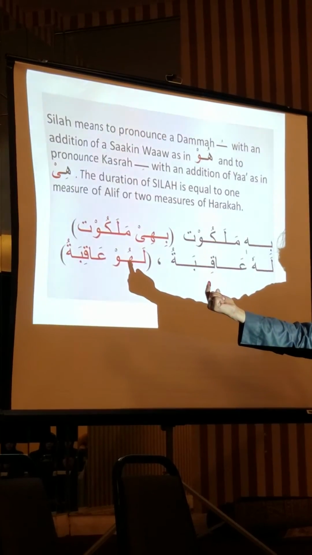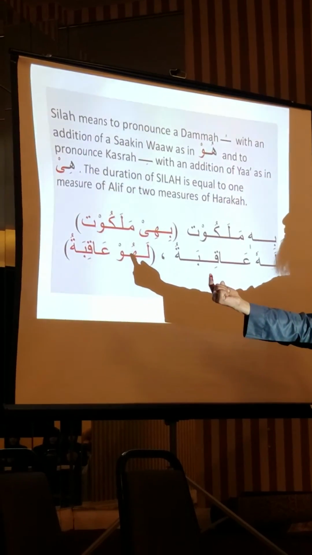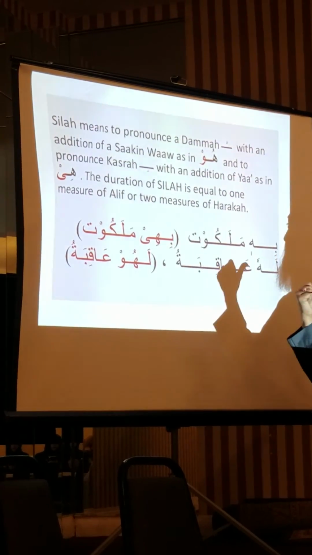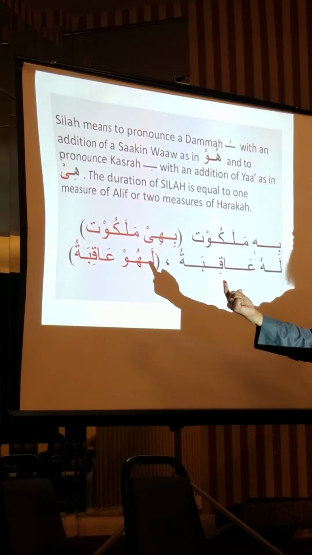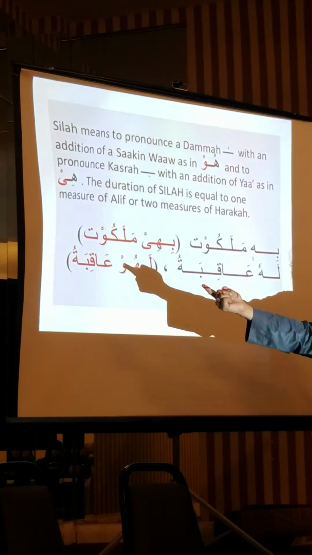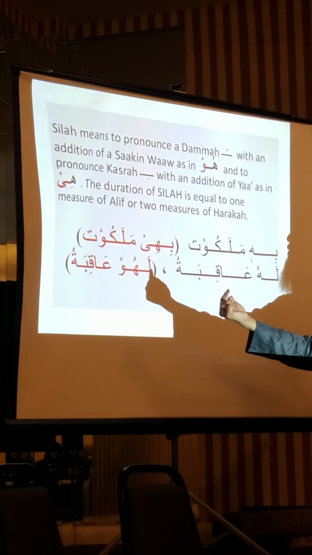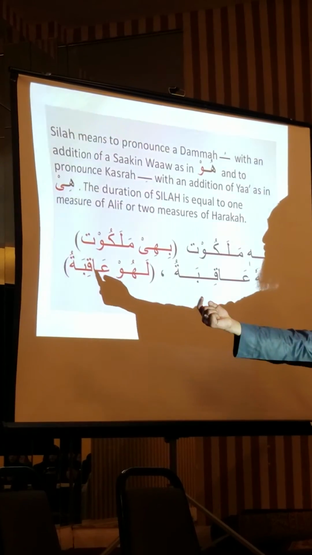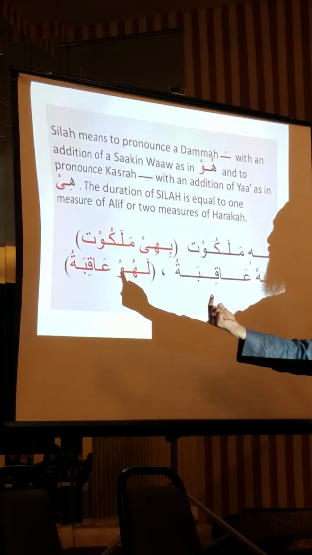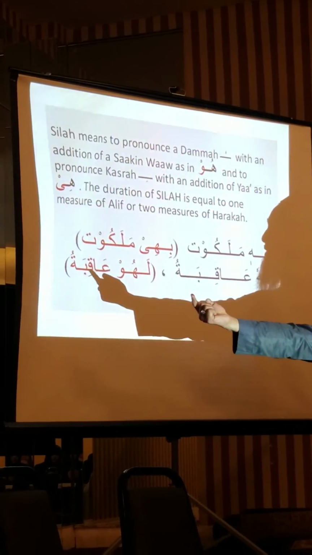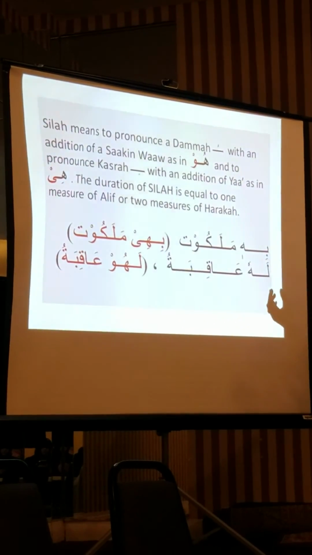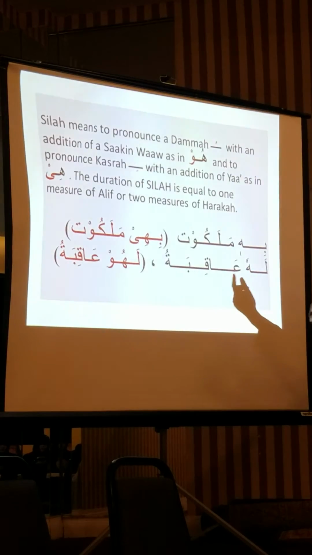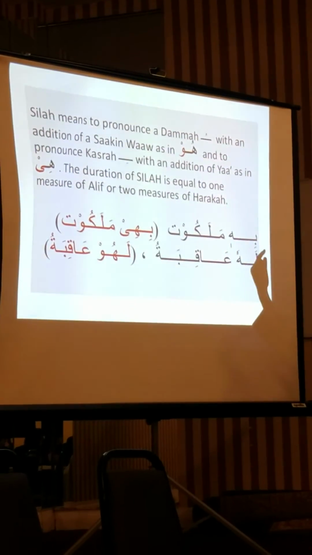Because in reality, it's written this way. यहाँ पर एक वाव साकिन था, मगर उन्होंने उसको हटाकर इस तरह से एक उल्टी पेश डाल दिया, ताकि आपको एम्फसाइज हो कि यहाँ पर वाव साकिन है. लहू आक़िबतु. तो मिला के पढ़ेंगे आप तो लहू आक़िबतु.